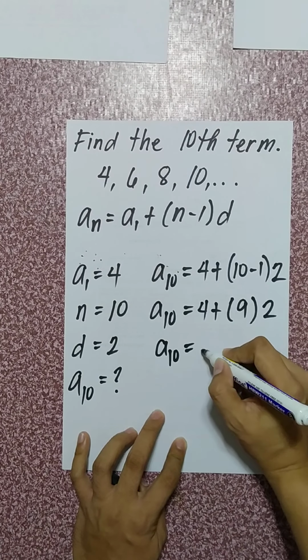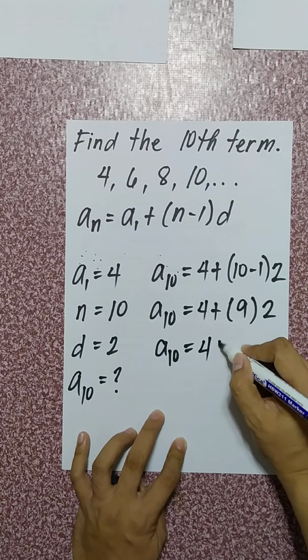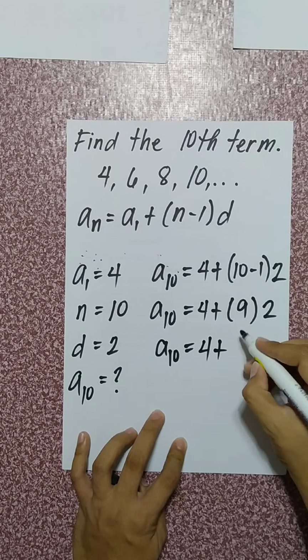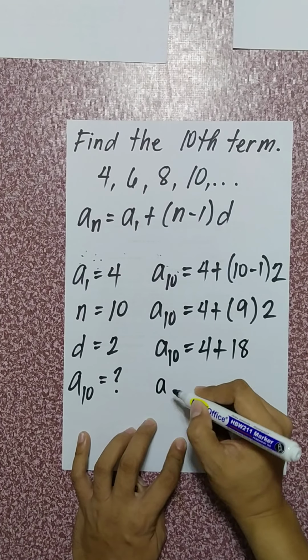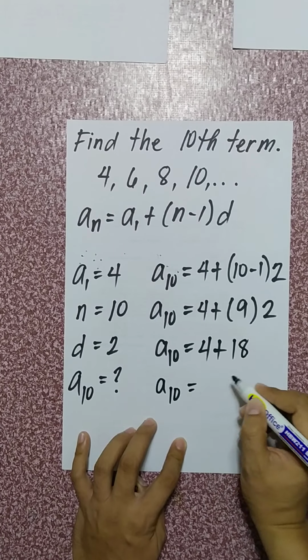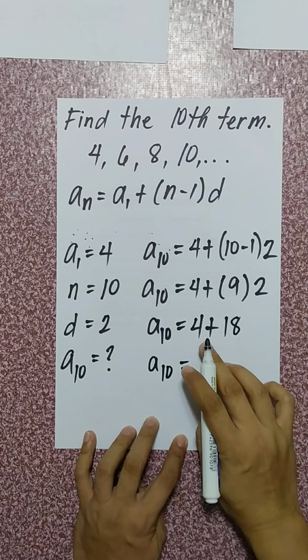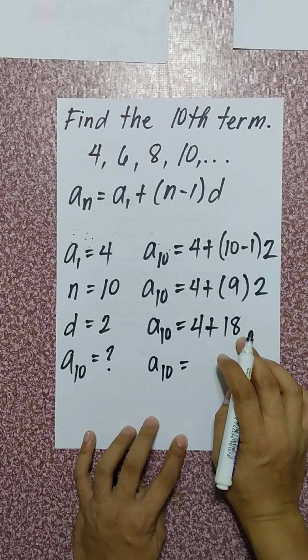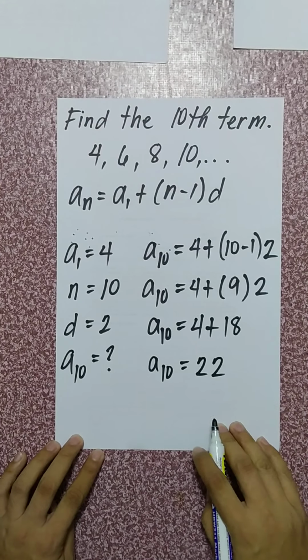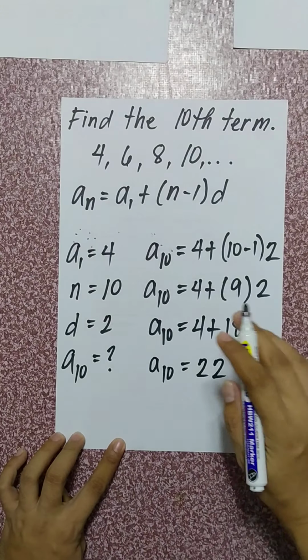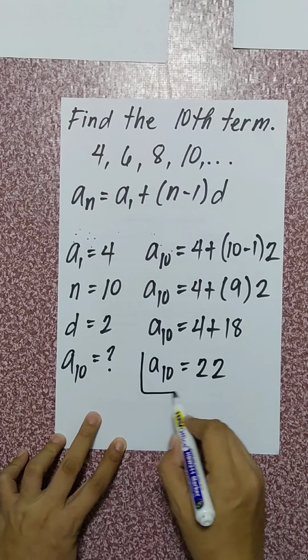So, yung 4, kokopyain lang ulit natin. 4 plus 9 times 2, we have 18. So, again, we have a sub 10 is equal to, for the final answer, we have 4 plus 18, we have 22. So, ayan. Ang hinahanap natin na pang 10th term ng ating sequence ay 22.